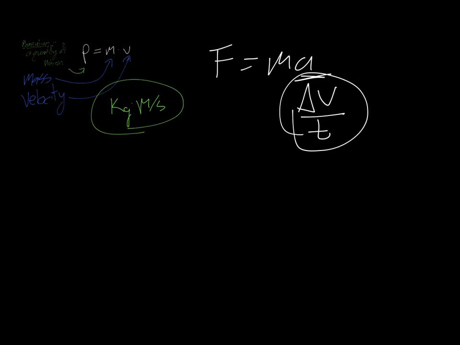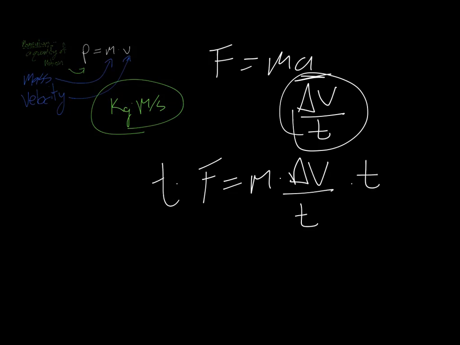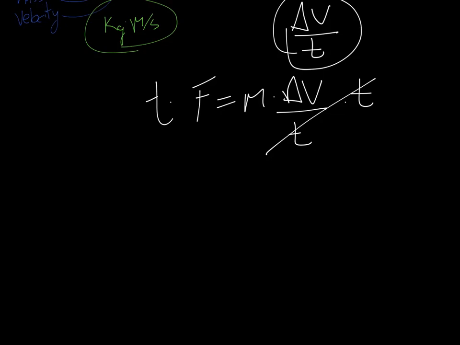So if I take this equation, F equals m times change in velocity over time, and multiply both sides of the equation by t, the t's cancel out, and I am left with an equation that looks like this: F times t equals m delta v.